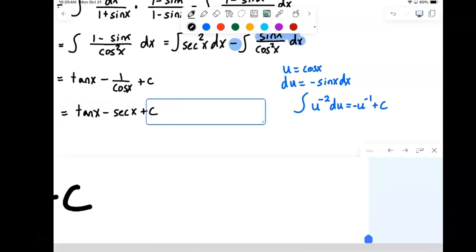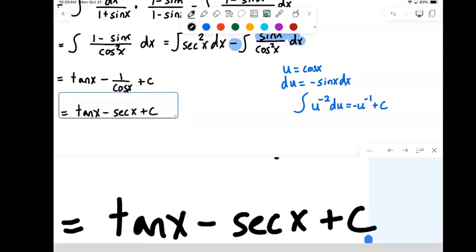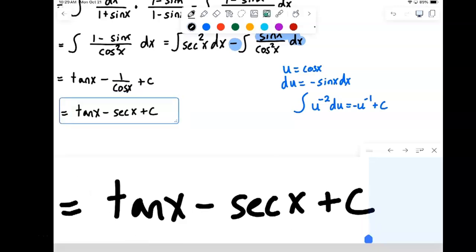Okay, so we've worked out the integral in terms of x. And so there we have our answer, tangent x minus secant x plus a constant.